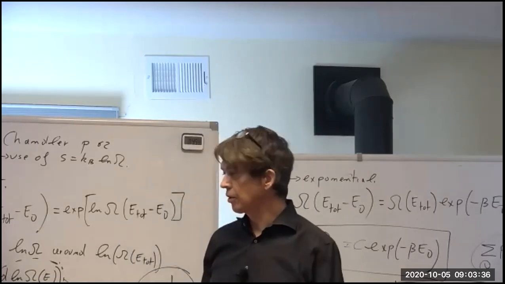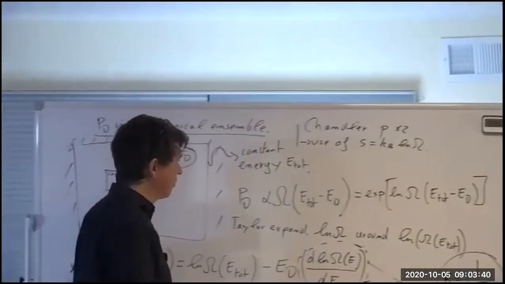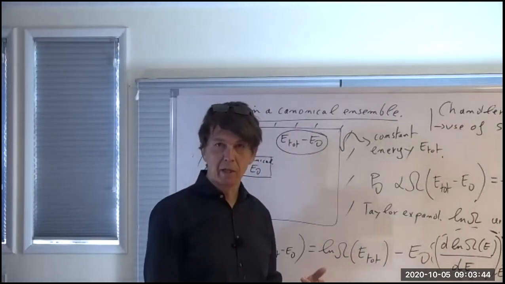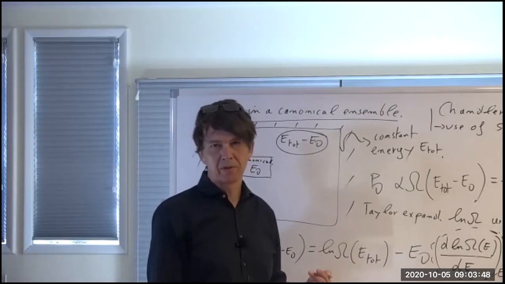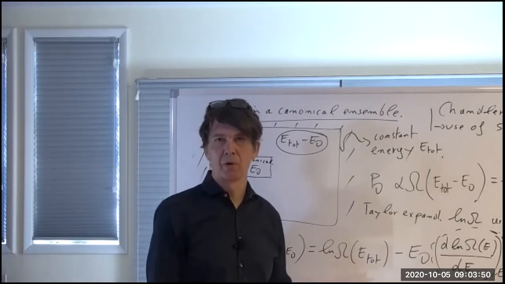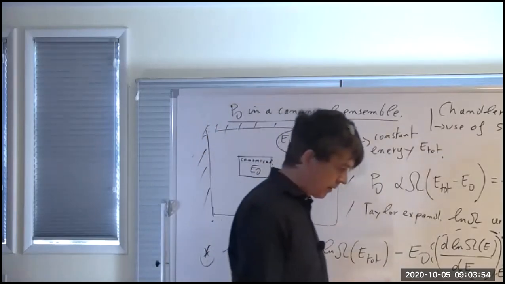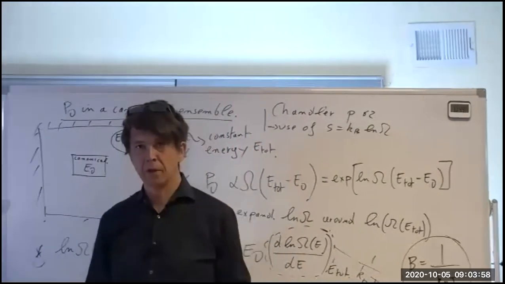And where does it come from? There's not much you need here. It comes from two things. You start with equal a priori probabilities, which is essentially telling you that energy is the coordinate for probability. It's telling you that if I know the energy, that determines the probability, nothing else.